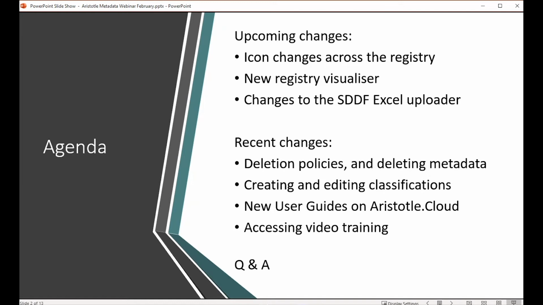We'll look at changes we're making to the Excel importer, so how exactly we're changing the importer to link to existing content. Then we'll look through some recent changes we've made within the platform, do a little bit of Q&A, and probably have a look at those custom features that Alex was talking a little bit about.